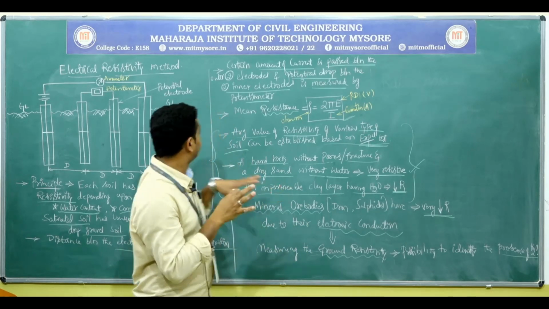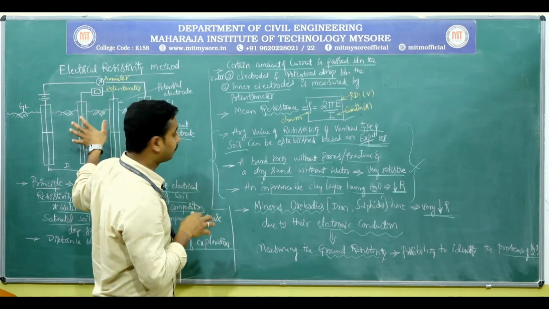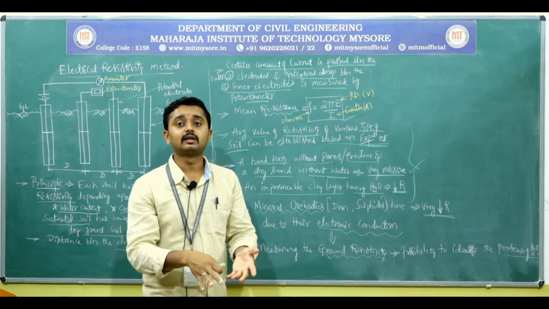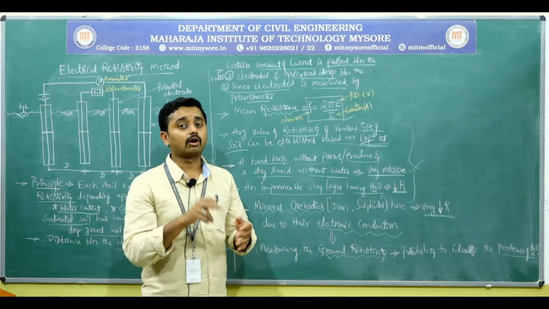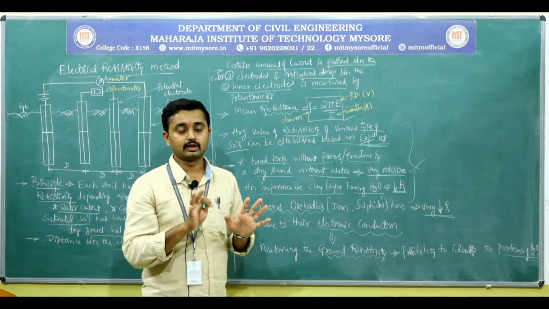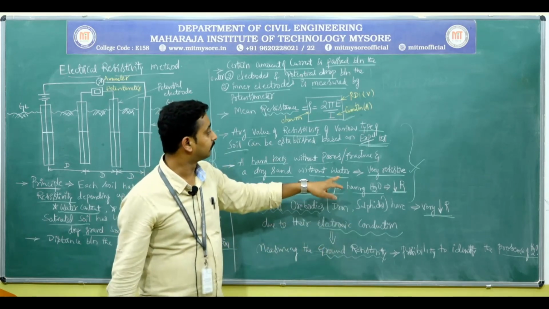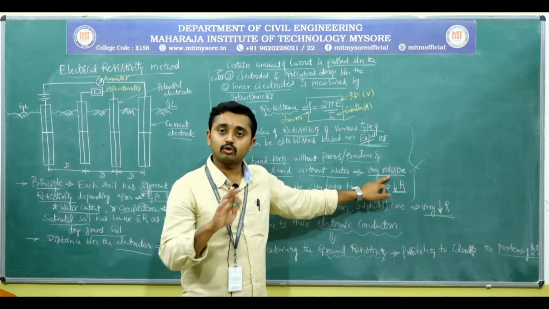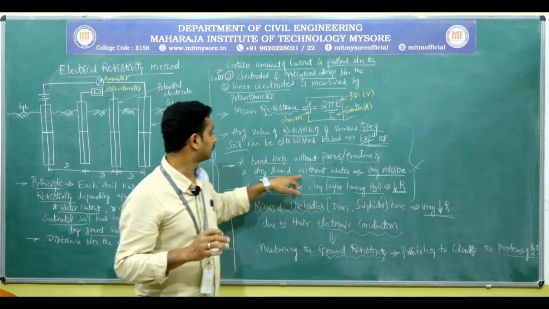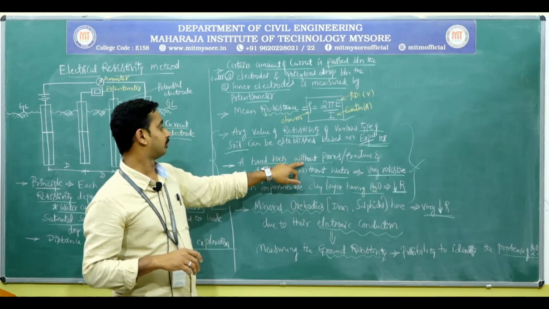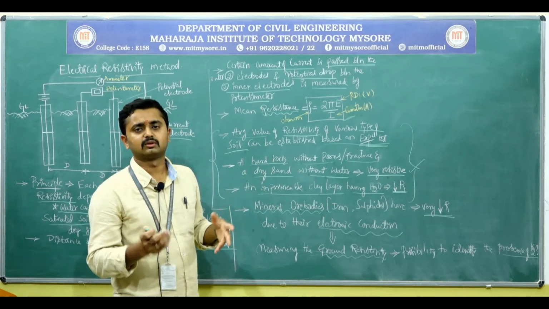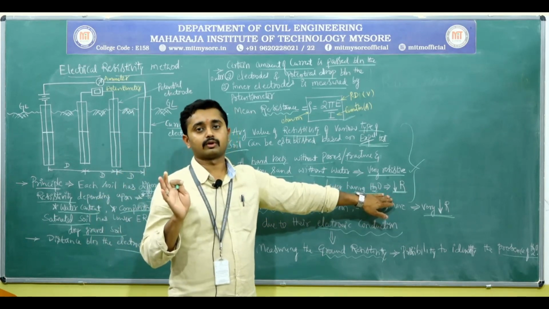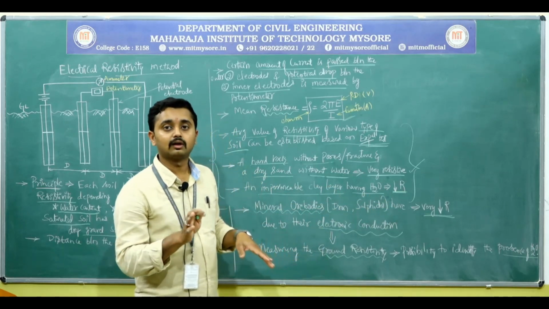If the resistivity recorded by the potentiometer is less, then definitely there is a presence of minerals or a water body. If resistivity is very high, there is no water and no mineral, without water, without pores in a hard rock. Very resistive. That means there are no water bodies and no mineral content.